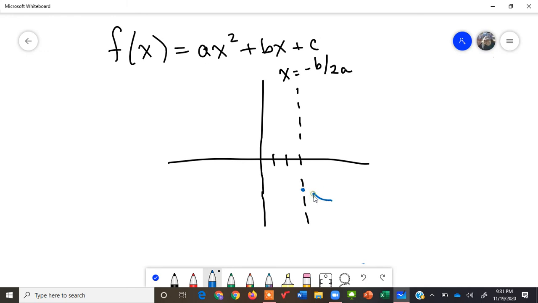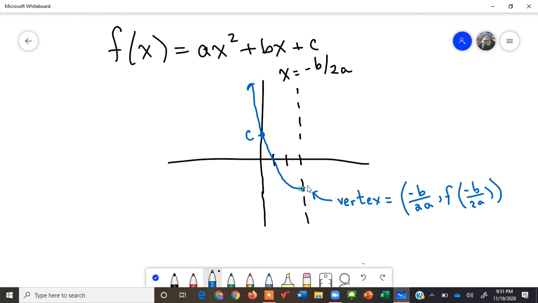All right, so here's our vertex, where the x-coordinate is the same as the axis of symmetry, negative b over 2a, and the y-coordinate is found by evaluating the function at negative b over 2a. I will put our y-intercept here at c. Try to draw a parabola.